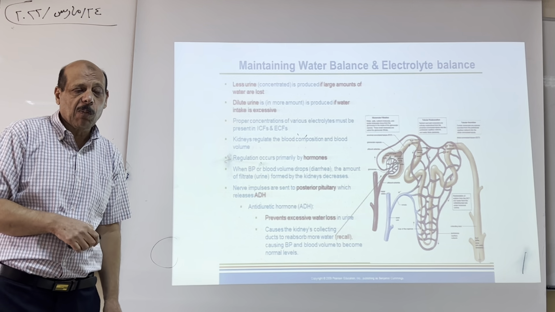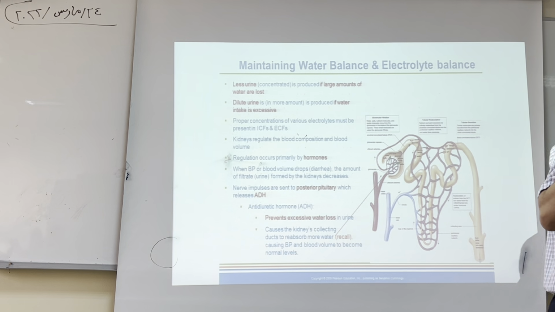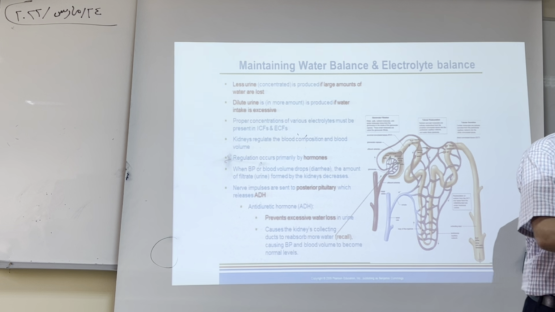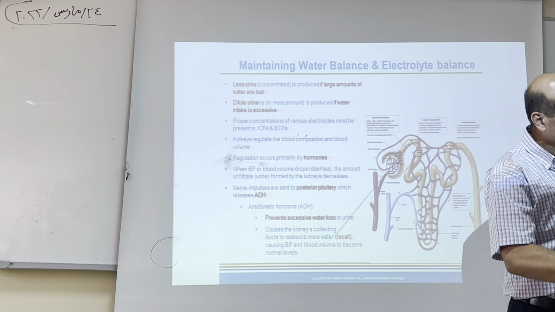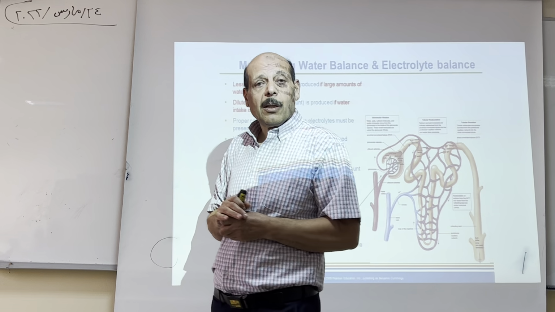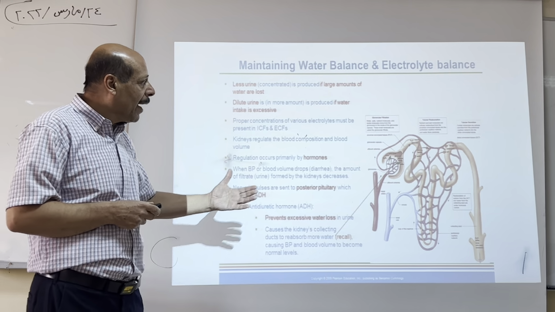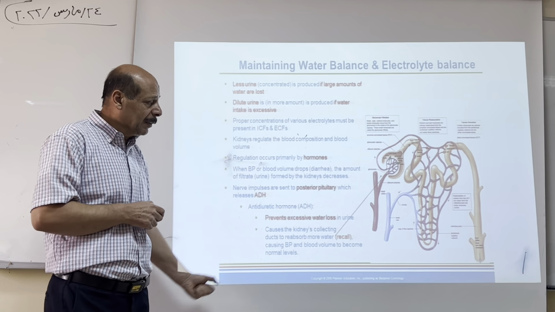So the effect of the antidiuretic hormone is that it will increase the reabsorption of water when our body is losing fluid, in order to maintain the blood pressure. So by that, we are maintaining the blood pressure in our body.